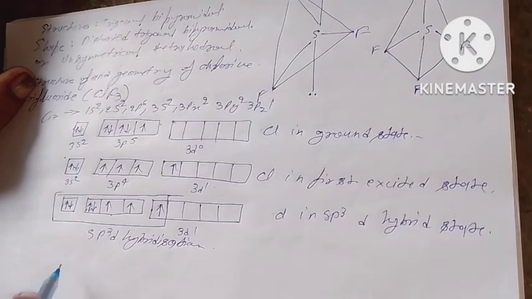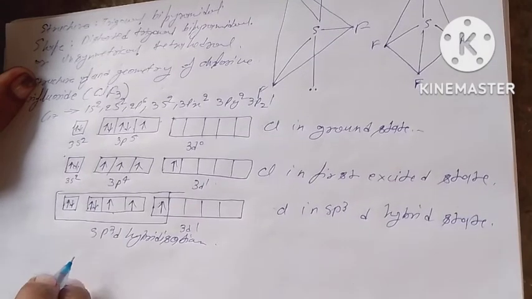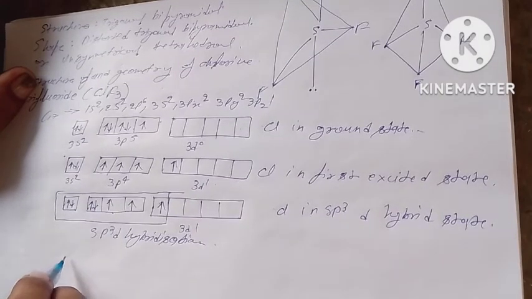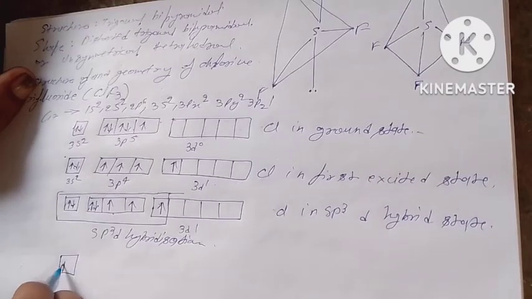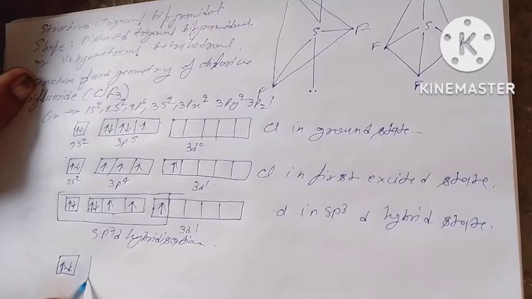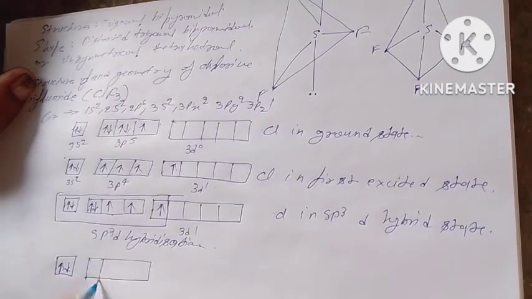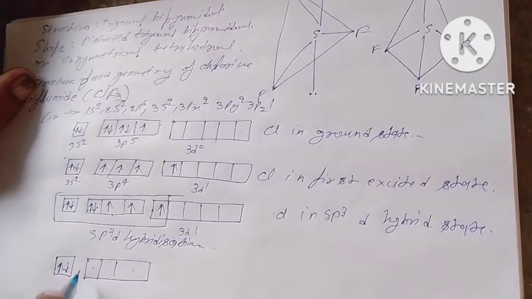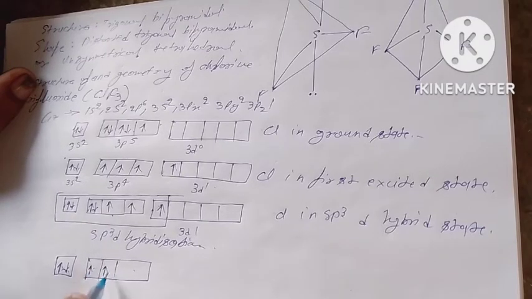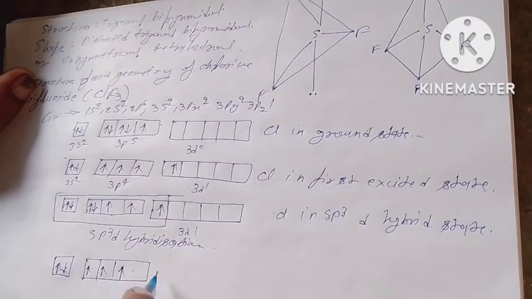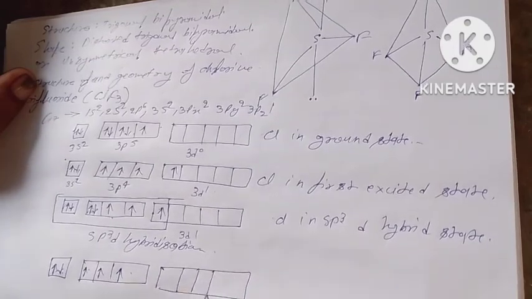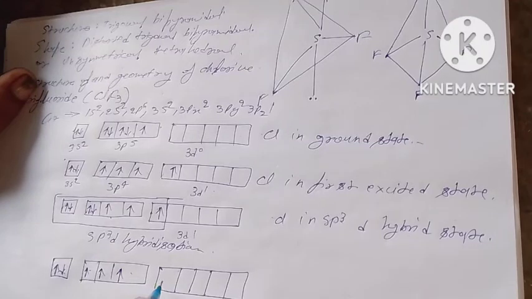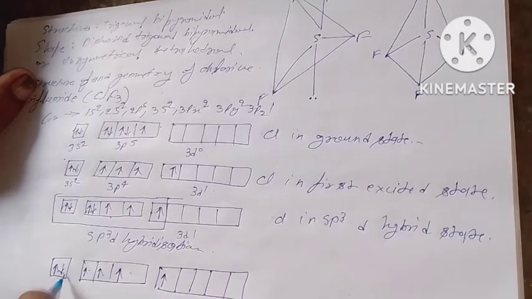After hybridization, we have the s and p orbitals, and in the d orbitals 1, 2, 3, 4, 5, and these are the d orbitals.